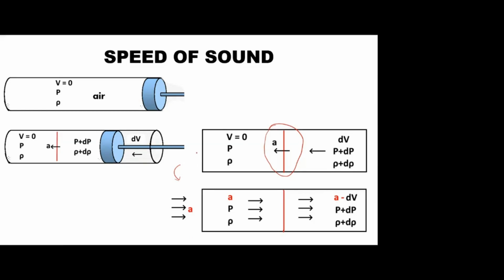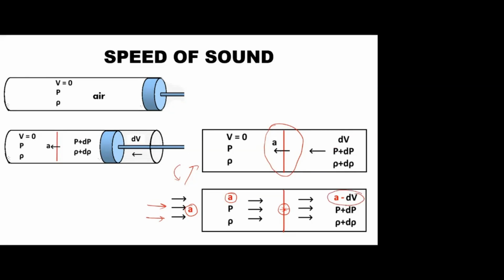There I am assuming another flow in the opposite direction with a velocity A. If I superimpose this on the existing control volume, now instead of 0, I have the velocity A, so that the wave velocity is 0 here, and behind that the velocity is changed.